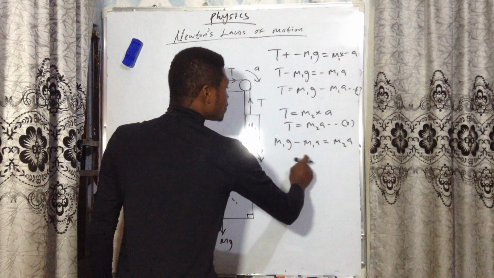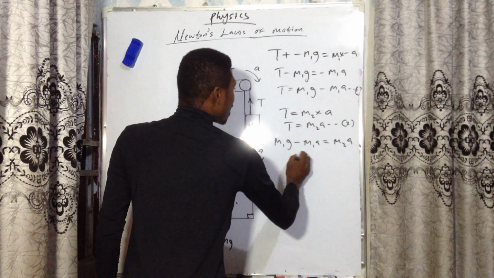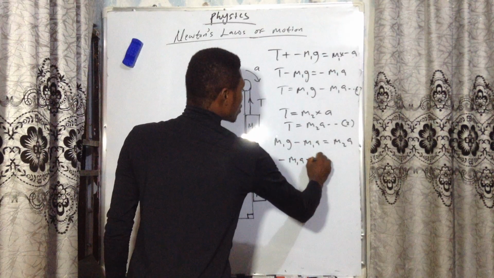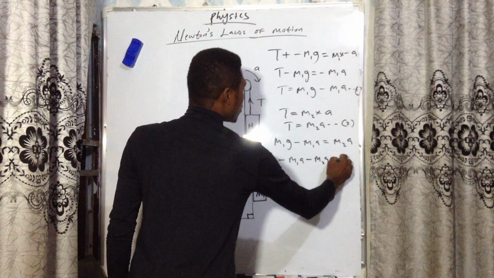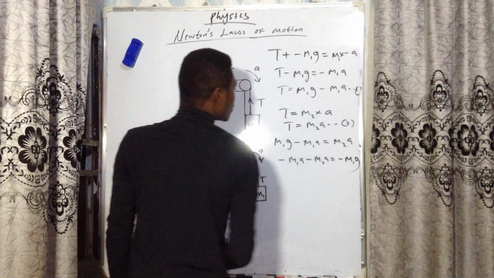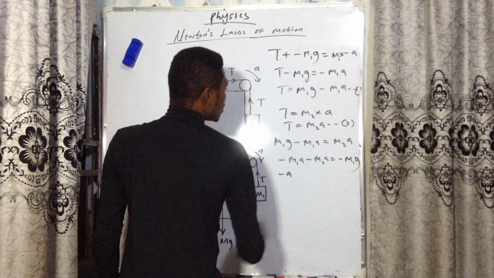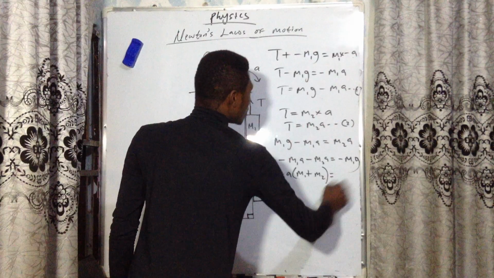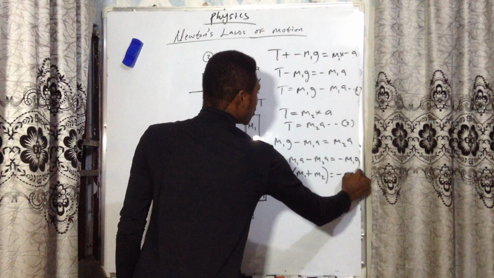So we now have minus M1A minus M2A is equal to minus M1G. So we now have minus A bracket M1 plus M2 is equal to minus M1G.